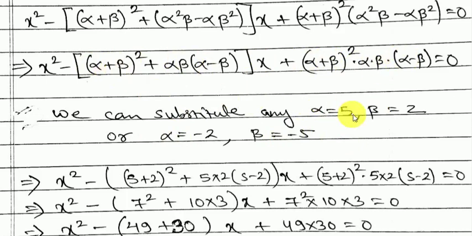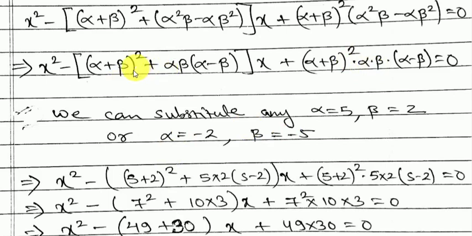If you put 5 and 2, whatever value you get over here, the same you'll get for minus 2 and minus 5 also, because alpha minus beta is 3 only. Alpha into beta will be positive for this, and for this also positive only. So you put this or this, same.